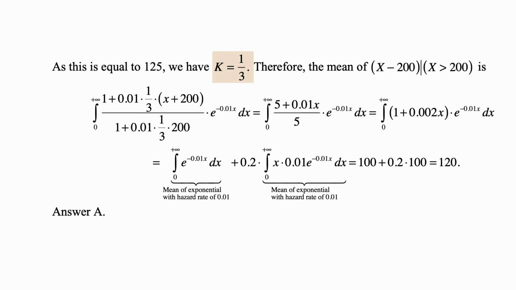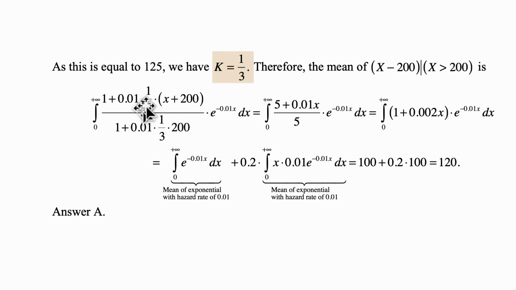Therefore, the mean of X minus 200, given that X is more than 200, is the integral from 0 to plus infinity of the survival function, now with k substituted to be 1/3. And so (1 plus 0.01 times 1/3 times (x plus 200)), that's the 200 that we have here, over (1 plus 0.01 times 1/3 times 200).